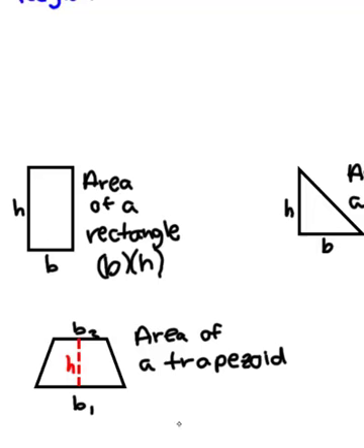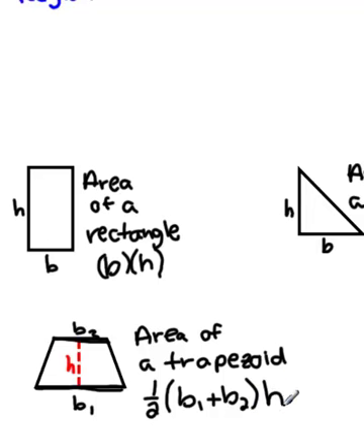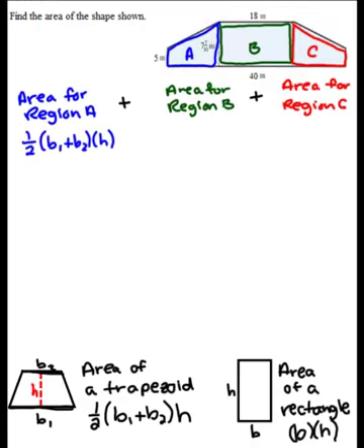The area for a trapezoid is similar to a triangle. It is 1/2, but instead of the base, we have two bases. We have this bottom base here and this top base here. So we're going to go ahead and add these two bases together, base 1 plus base 2. So that's 1/2 times the bases times the height. And that's the formula we're going to use to find the area for region A.